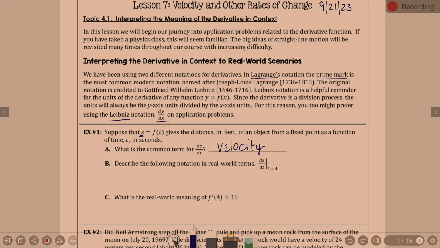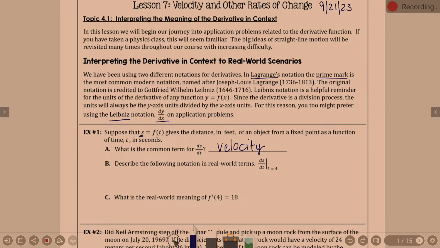Describe the following notation in real-world terms. ds dt, with our little evaluation bar, evaluated at t equals 4. Velocity at 4 seconds. We don't want to throw the word speed in. Speed is different.